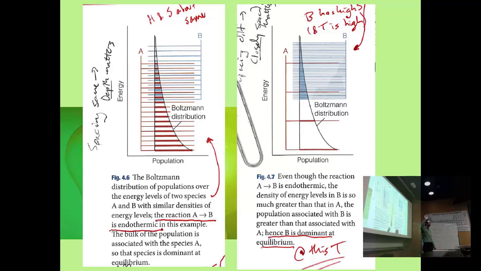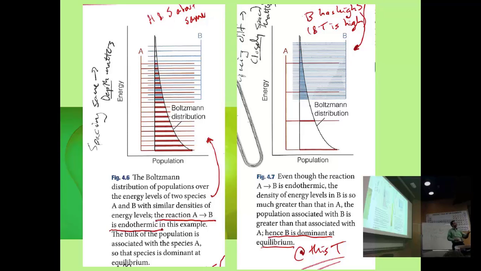There are so many levels, and so many ways to be B that are very similar in energy. That is the idea that B is more spread out, in a sense. Spread out means, in this case, that you can occupy similar energy levels. It can spread out over closely related energy levels.